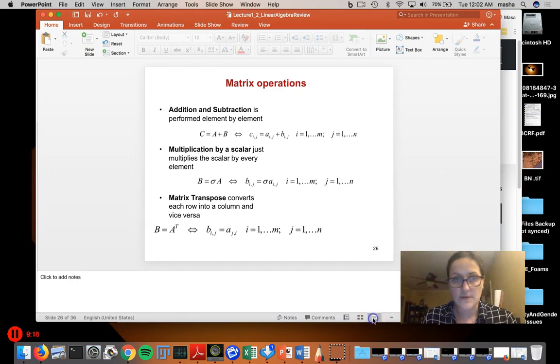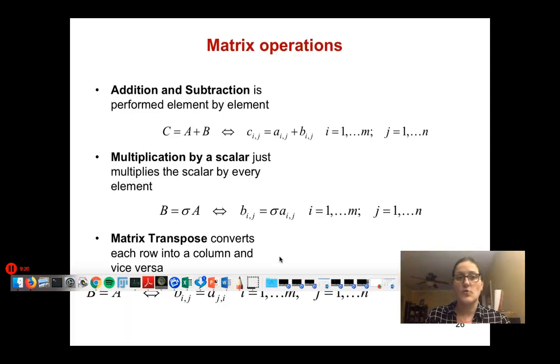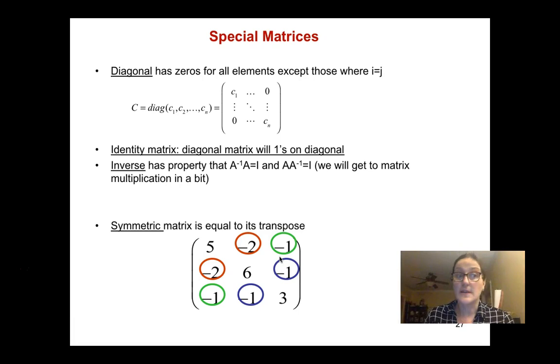So let's continue with a little bit more of theory. There are some special matrices that I would like to define. A diagonal matrix has zeros for all of the elements except for those where the ID of the row and column is the same. So this is the diagonal.